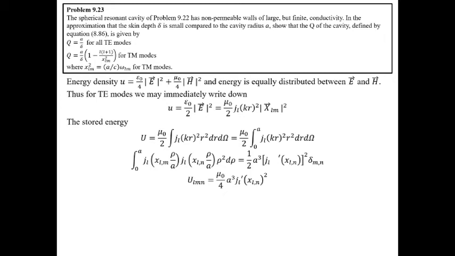In the approximation that the skin depth delta is small compared to the cavity radius a, show that the quality factor of the cavity defined by equation 8.86 is given by Q equals a over delta for all TE modes and Q equals a over delta times 1 minus l times l plus 1 over x_ln squared for TM modes.